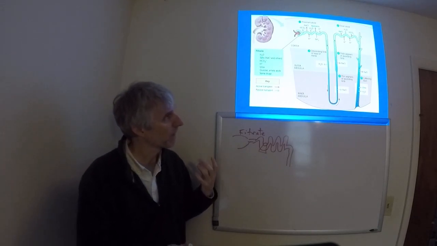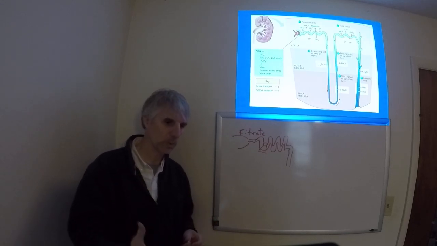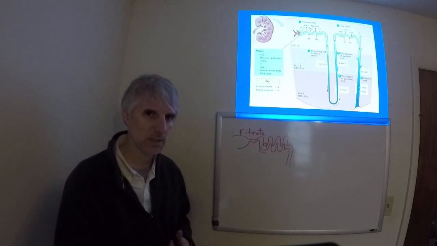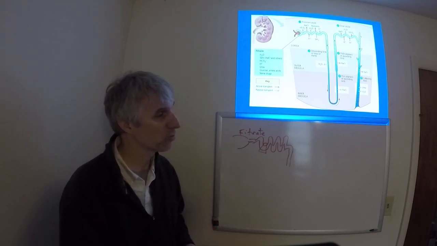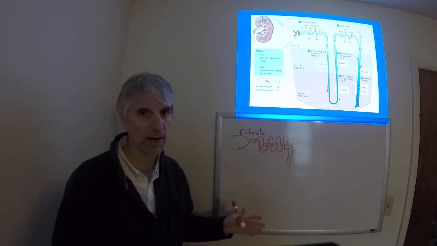Now, the weird part about the descending limb of the loop of Henle is the tubule itself has been designed to allow for the movement of water, but salts aren't allowed out.